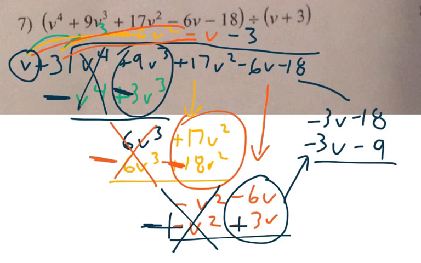Watch one last time. When I minus, doesn't that minus 3v become a plus 3v? The minus 9 becomes a plus 9. Minus 3v plus 3v is 0 v's. Negative 18 plus 9 is negative 9. That's my remainder. So pause the video if you need to.